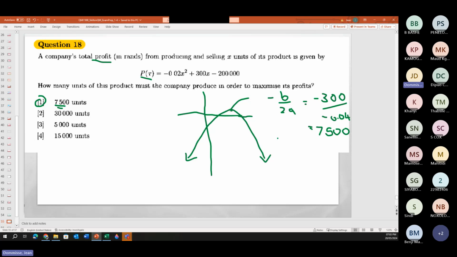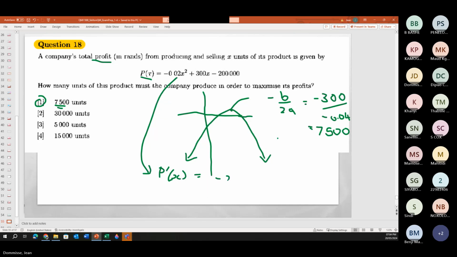But there's another way of doing it, and that was part of your last study unit. It will give us exactly the same answer: we need to differentiate that. So let's differentiate that.